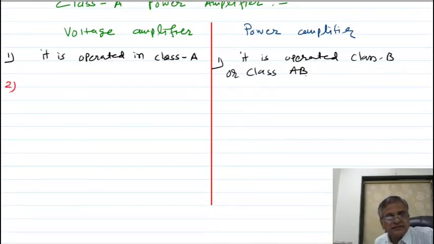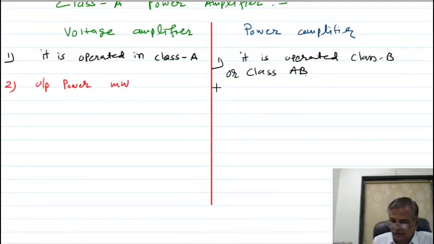Second difference: here output power is of the order of millivolt only, very less. Here output power is of the order of watt.